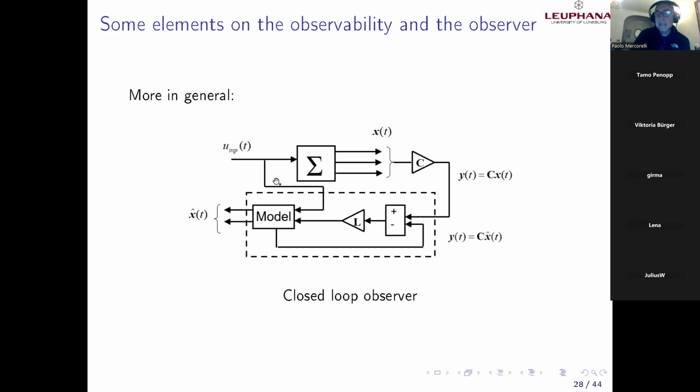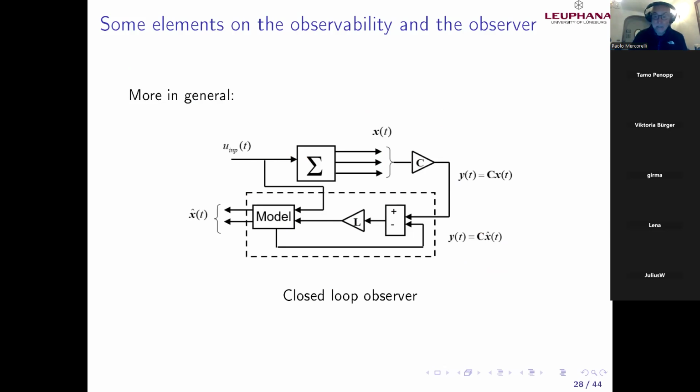Here, to the model, we have a U input, but we have also another input, which is L multiplied by the error between what I am really measuring, at least one variable, and its observation, because it's C multiplied by x hat.